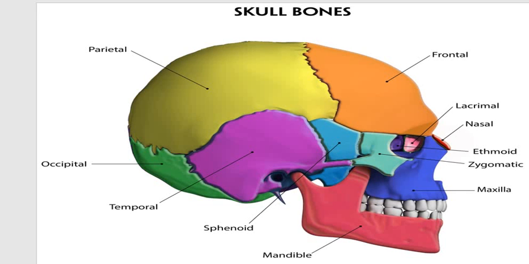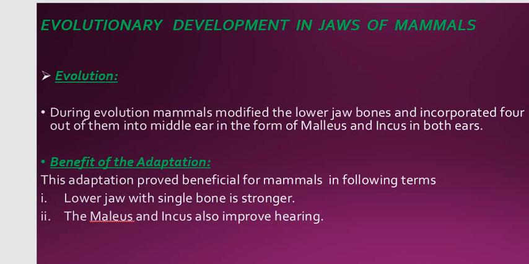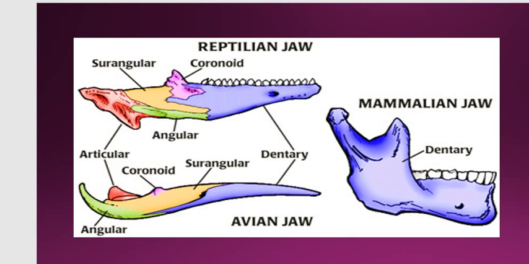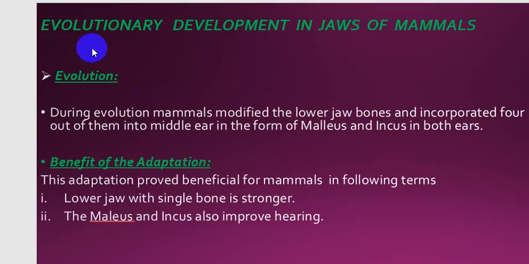Now coming to the actual evolution that has taken place. Students, the jaws of the mammals developed from their reptilian ancestors, and this involves a process of evolution.